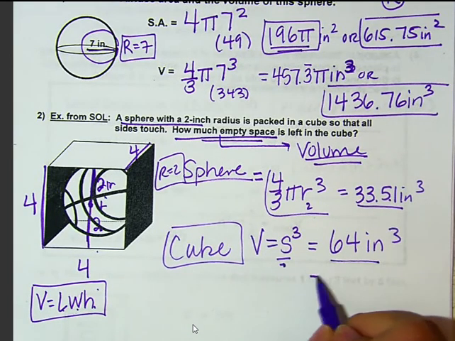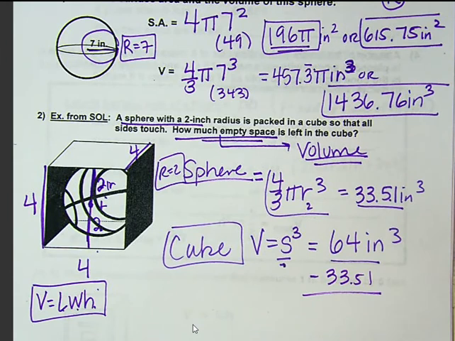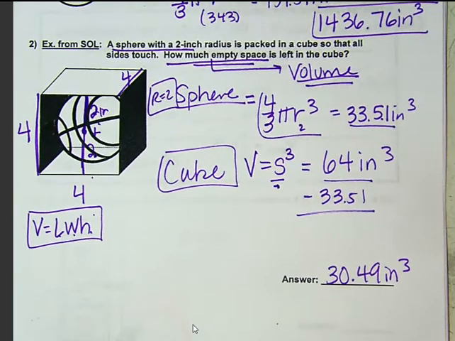So I'm going to subtract the ball from the cube. 64 minus 33.51. Don't forget the decimal. It's 30.49 inches cubed. And that is your answer. So this is how you might see the spheres.